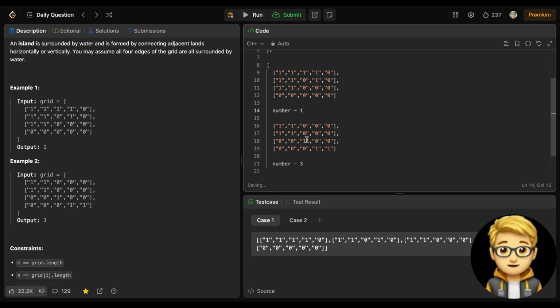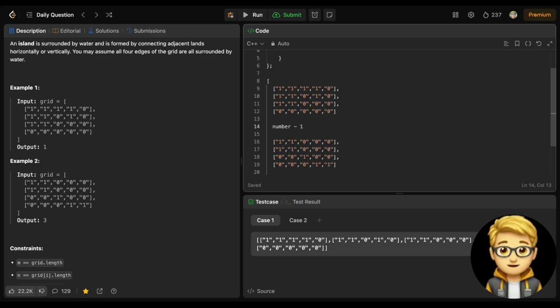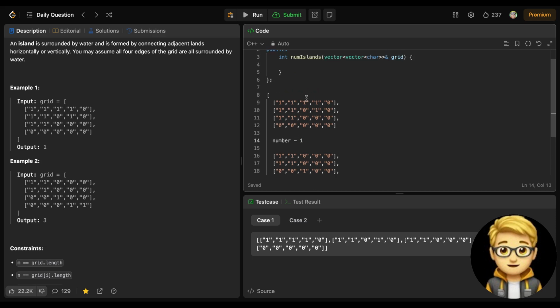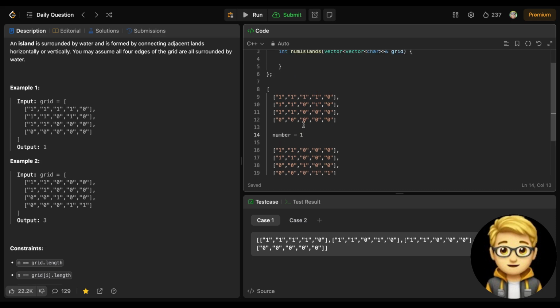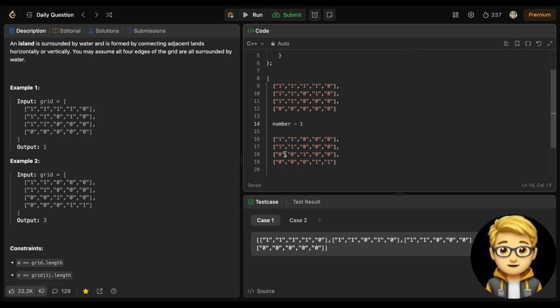So how will we find the number of islands here? For making one island, we need to find a starting point. If you have solved the previous problem, you need to find a starting point so that we can traverse in all four directions, make an island and increment a count.